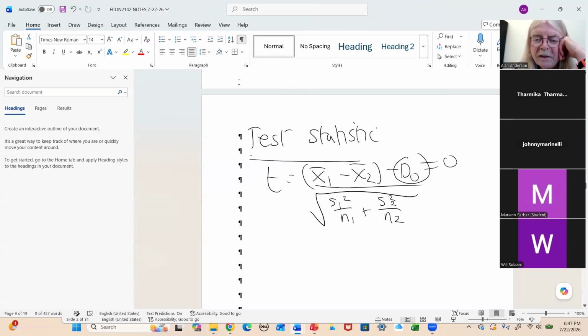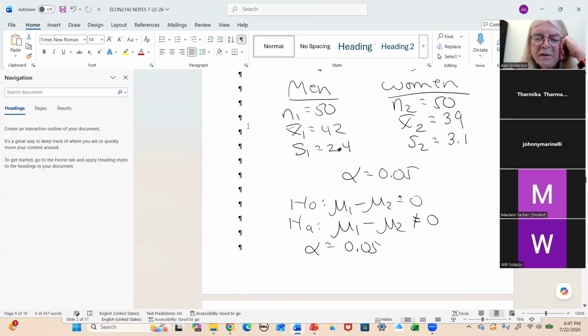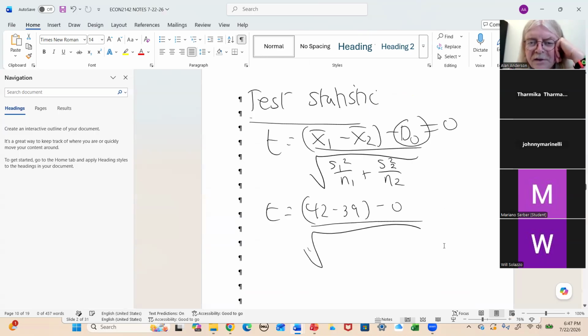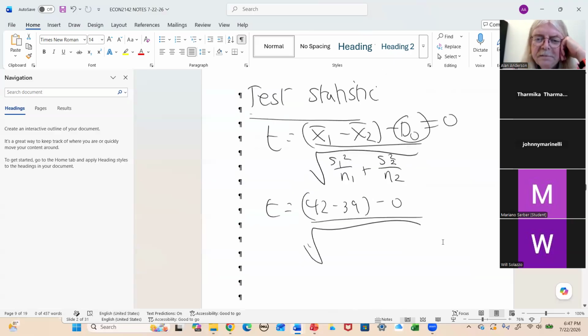All right, so we start plugging in some numbers. What do we have? 42 minus 39. And then we were given some variances and standard deviations. The men is 2.4.